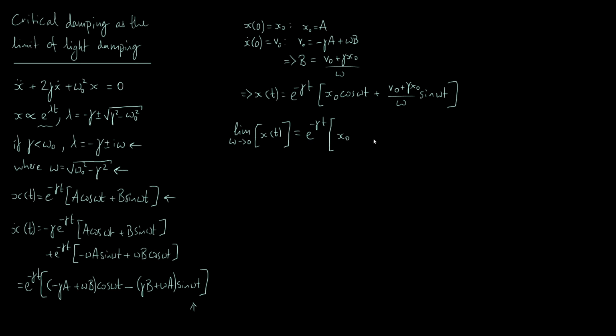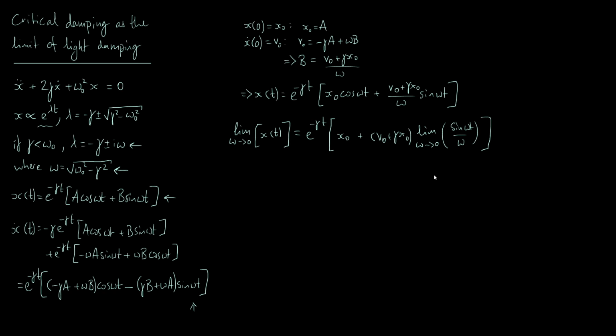Okay. And how about the second term? Well, the second term is a bit trickier because we've got sine of omega t over omega, and so we can't just plug in omega equals 0 because then we end up dividing by 0. And so what I'm going to do is just add in an extra step here. So I've got v naught plus gamma x naught, and then let's have the limit as omega goes to 0 of sine omega t over omega.